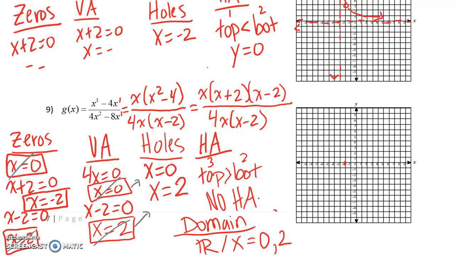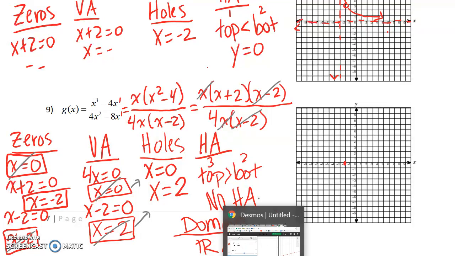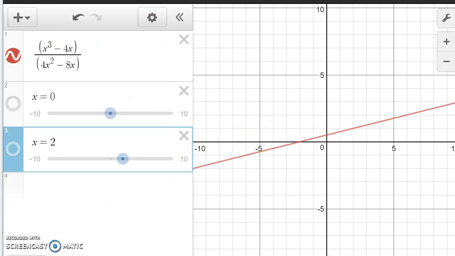So when all of this is gone and you're left with x plus 2 divided by 4, you have a linear function. Your graph will look more like a line, but it's always handy to check out the graph. Notice we've got a line.